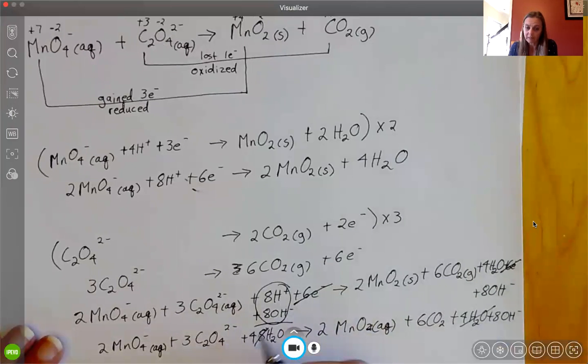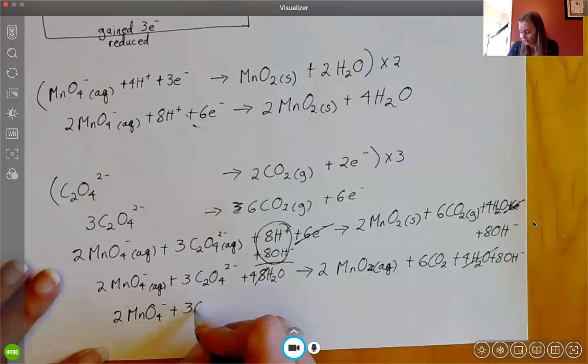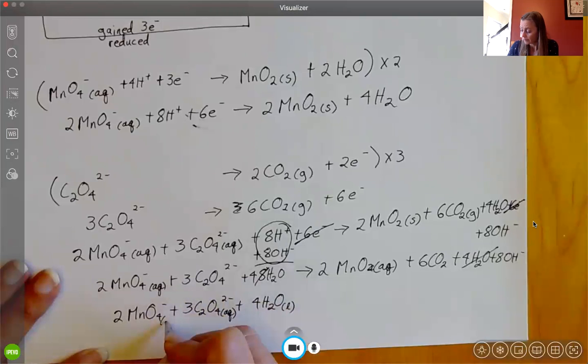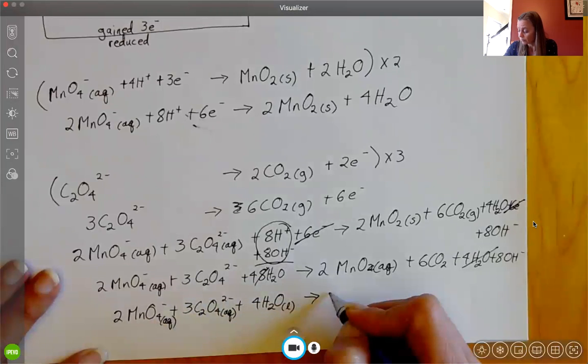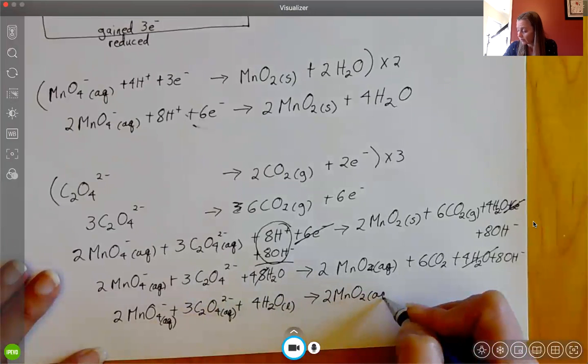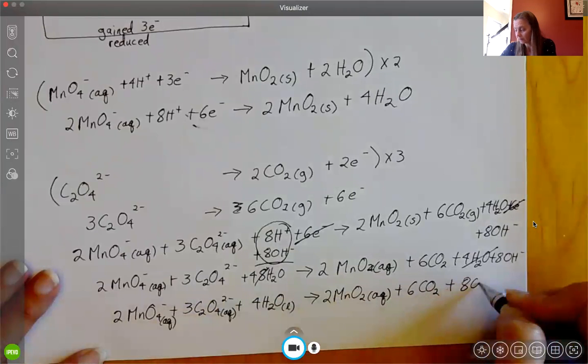And our final reaction is 2 permanganate ions plus 3 oxalate ions plus 4 water molecules form 2 manganese 4 oxide and 6 carbon dioxide and 8 hydroxide ions. And that is where we would leave that one.